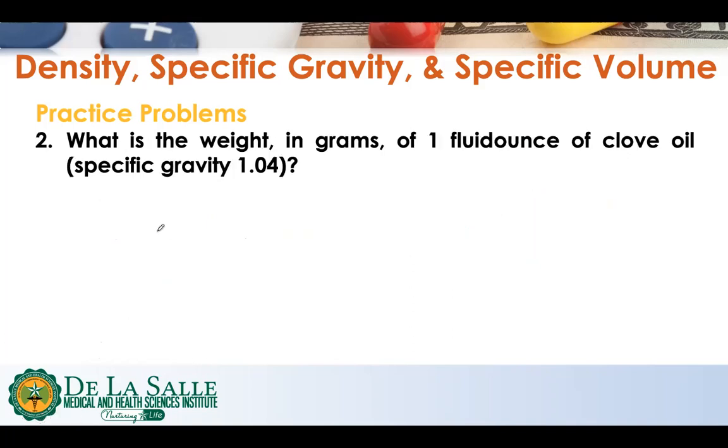Another example is this. What is the weight in grams of 1 fluid ounce of clove oil with a specific gravity of 1.04? Now remember that the imaginary unit of the specific gravity is gram per ml. Okay?